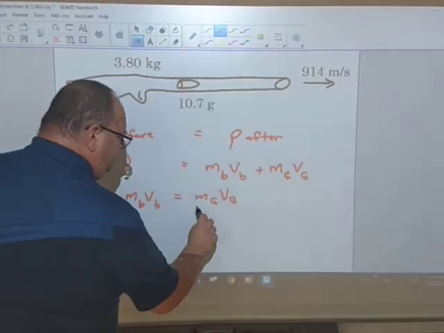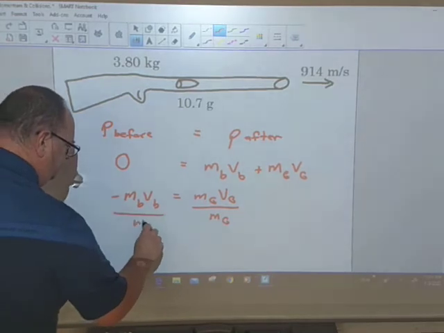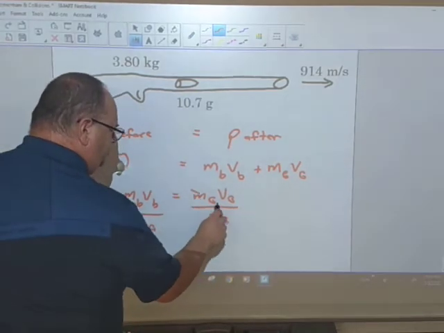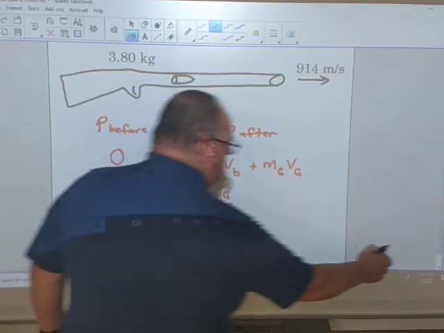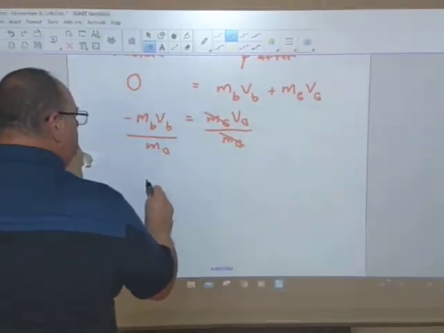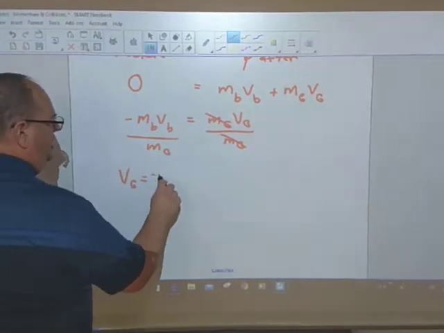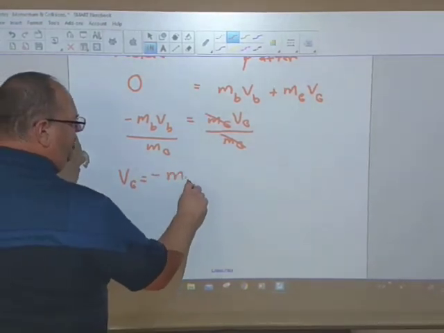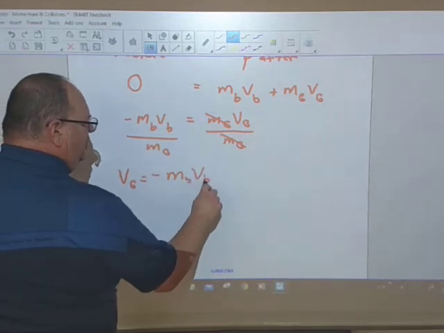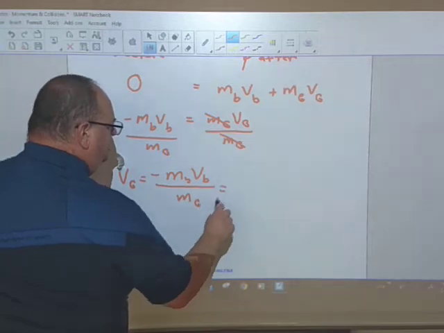And then I'm going to divide by the mass of the gun, so I can cross that off. I know that the velocity of my gun is going to be negative the mass of the bullet times the velocity of the bullet, divided by the mass of the gun.